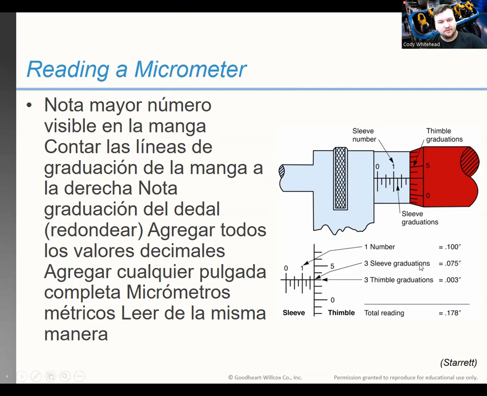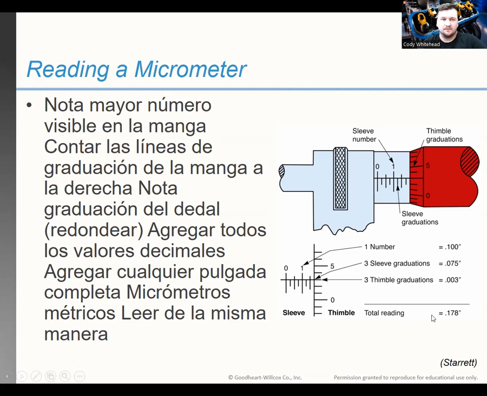So you'll count those and add them up. They're saying there's 3 there. The picture's kind of bad. So if there's 3 gradations there, that will be 0.075. And then we have 0, 1, 2, 3, which is 0.003, which you'll have to add all those together, which is 0.178 of an inch.